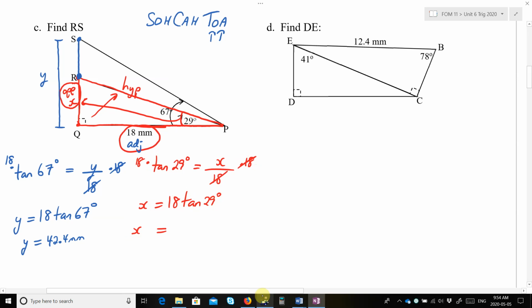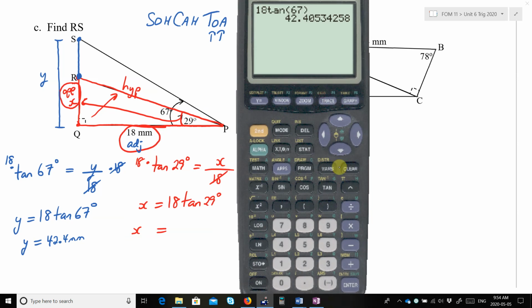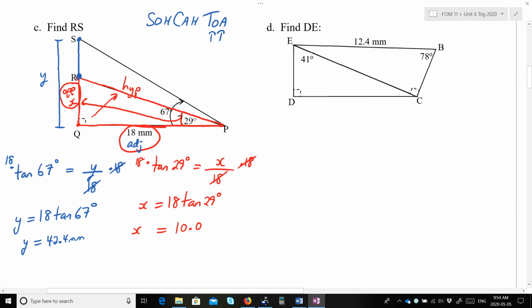And so x is equal to 18 tan 29, and we get 9.97, but that would get rounded up, so that would actually go up to 10.0. And then we can say, therefore, RS is equal to the y length minus x.